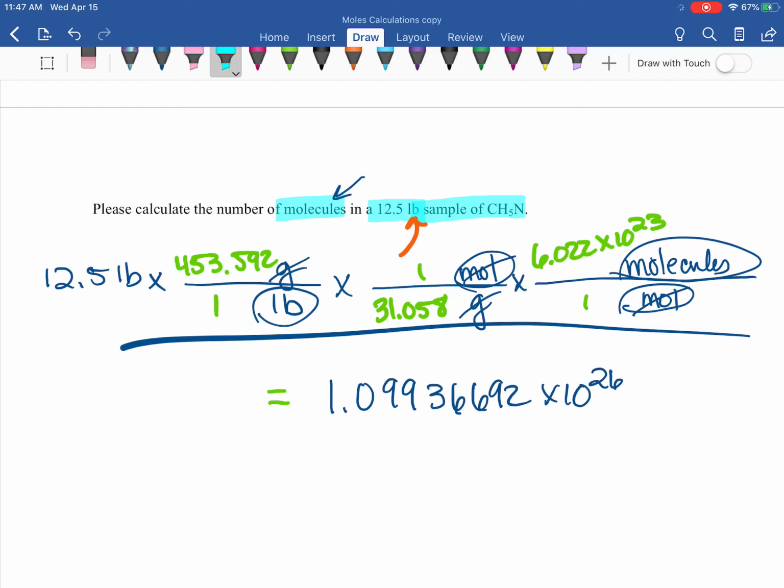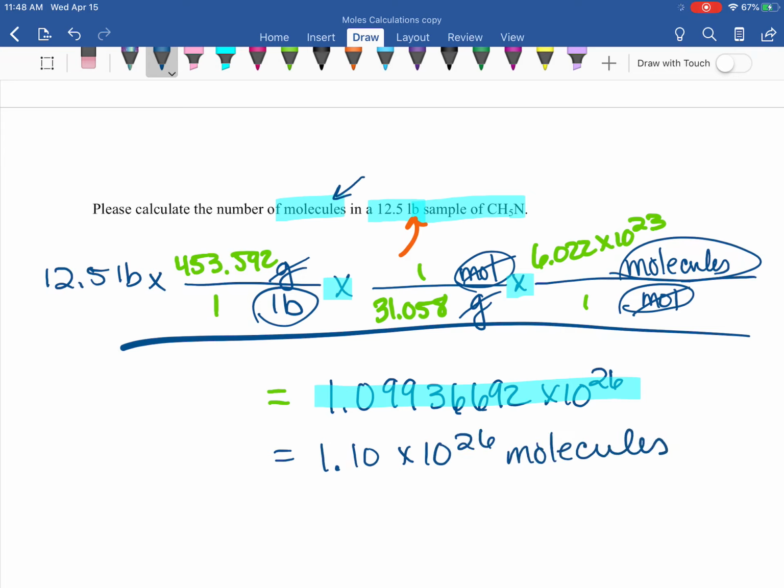You can stop in between if you want, but your rounding will be different. I got this whole number without rounding until the end. If you stop in between each one of these steps, you're going to have a slightly different number because it's a little bit better math-wise to round at the very end. So I'm going to round to my 3 sig figs, and my answer then is molecules.